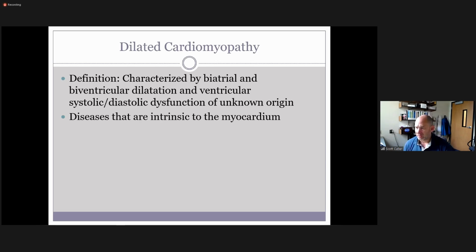Diseases that are intrinsic to the myocardium is what we're looking for in a true dilated cardiomyopathy. Can it be dilated with other things? Yes, we could have a huge MR or a huge AI that could cause the heart to dilate. But here it's a concentric, bilateral thing, and the valves seem to be in pretty decent working condition.